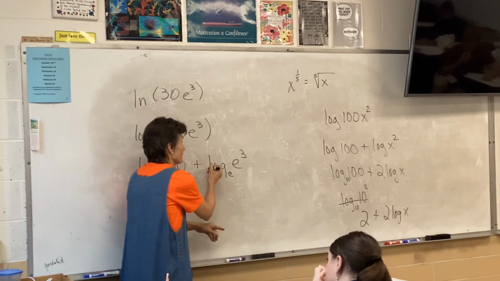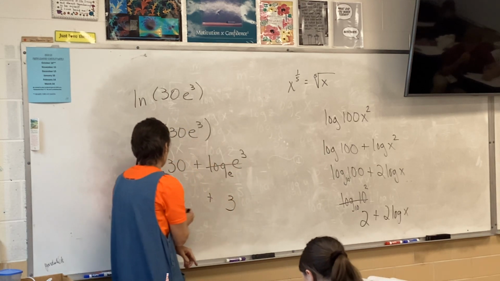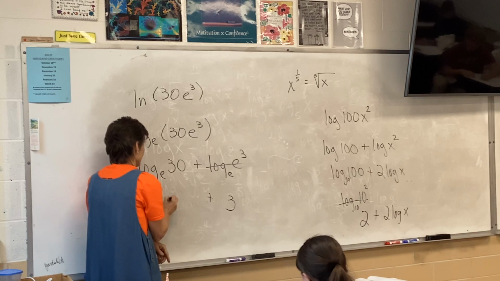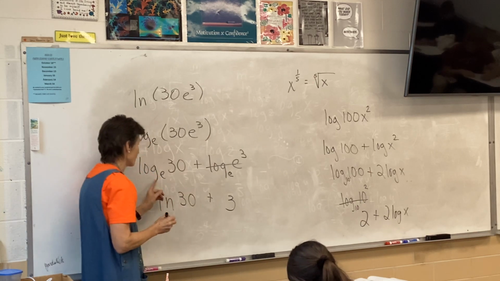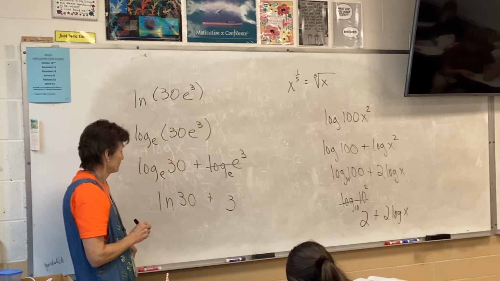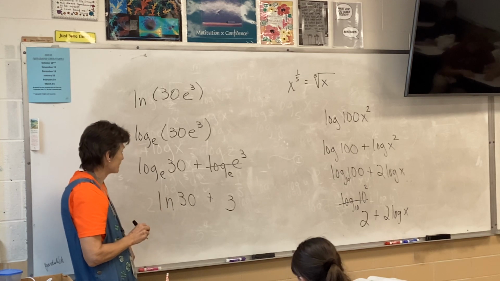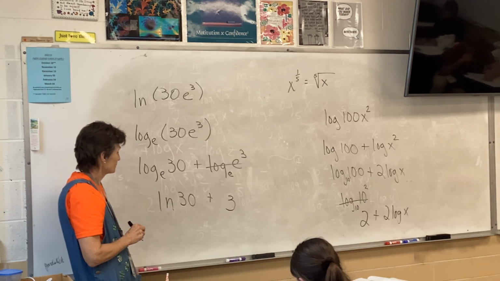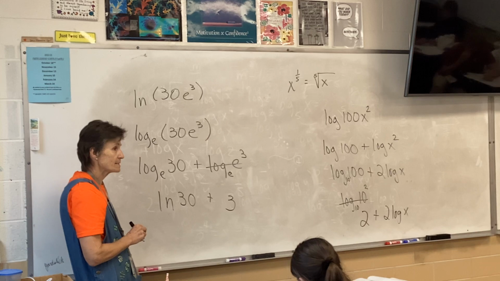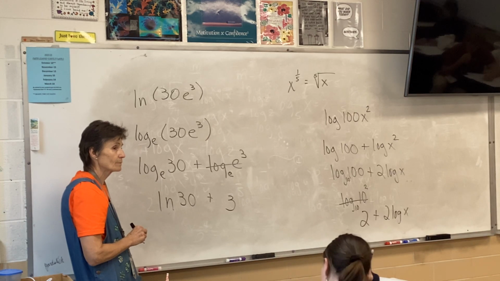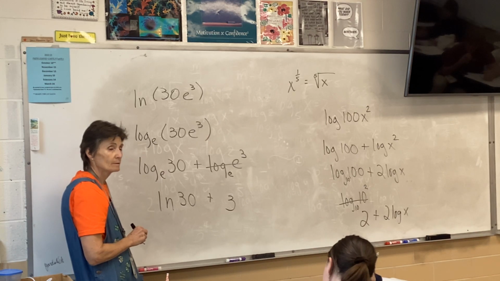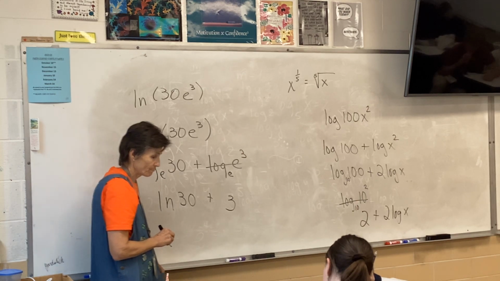Oh, it's just 3. And this is ln 30, or log base e of 30. ln is log base e. And that's it. You got it? Good job.